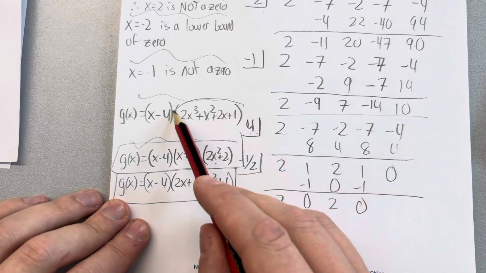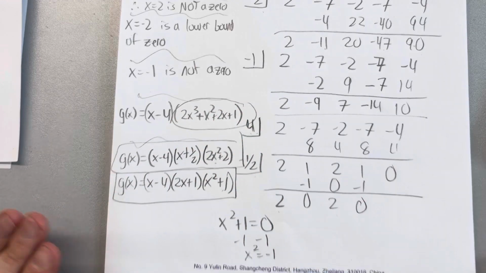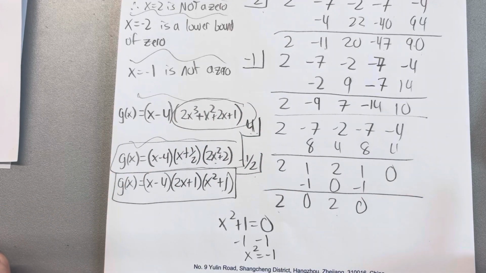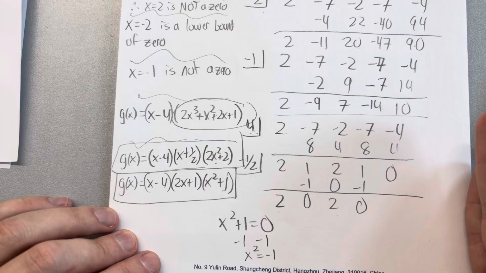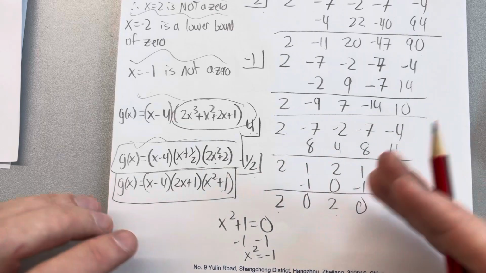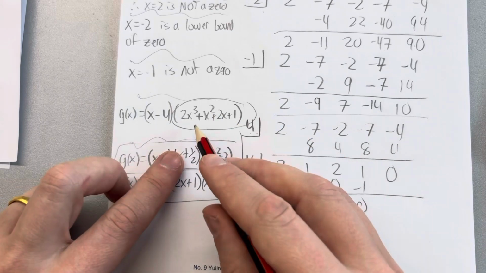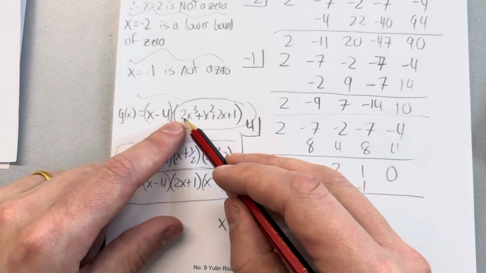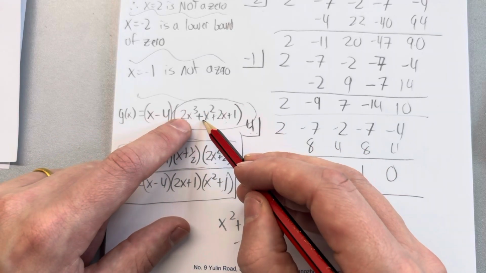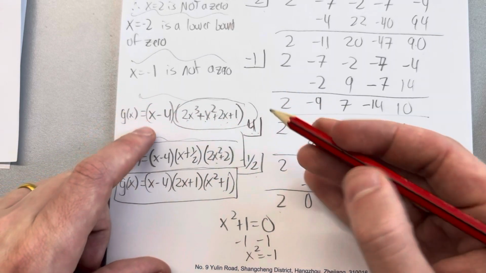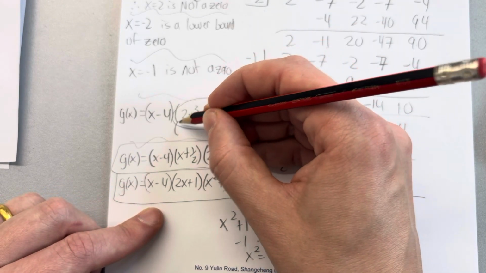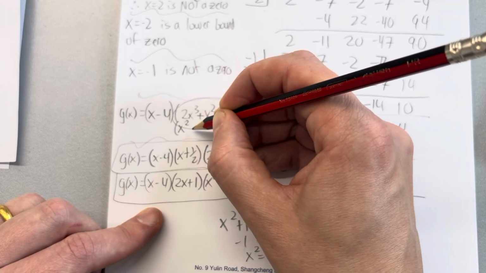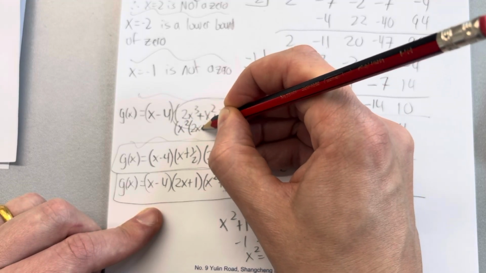If you look here, you could factor this without doing synthetic division. You should look for factoring rules like difference of squares. If you see something like x squared minus 1, you can factor that. Quadratic, you can use quadratic factoring. Or if you have a 4-term polynomial and this over this, 2 over 1, is equal to this over this, 2 over 1, you can do factor by grouping: factoring out x squared, and you have 2x plus 1.